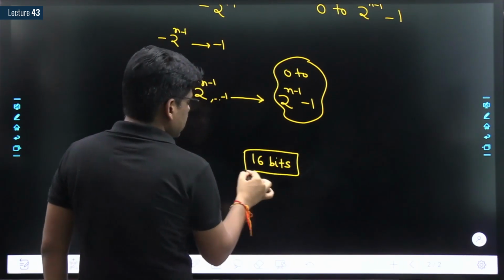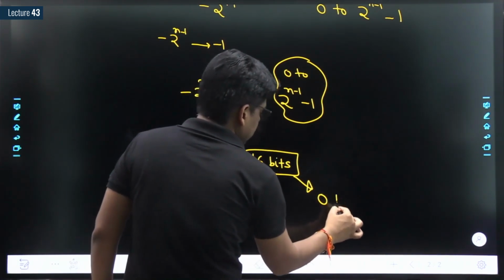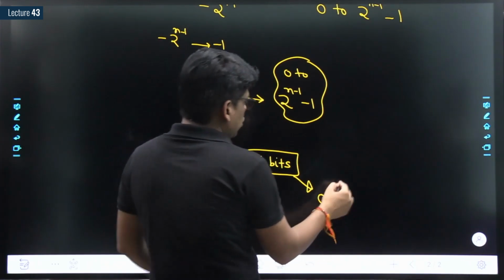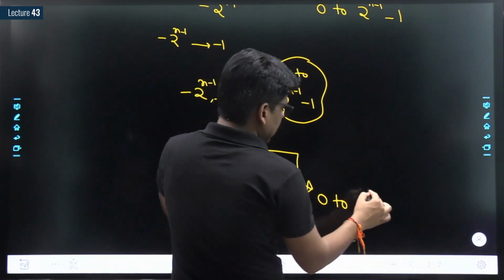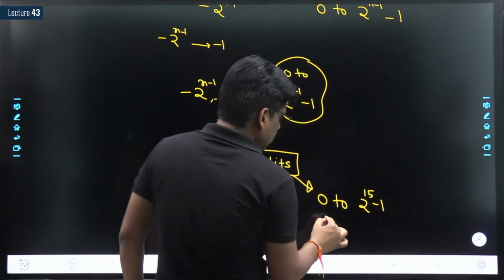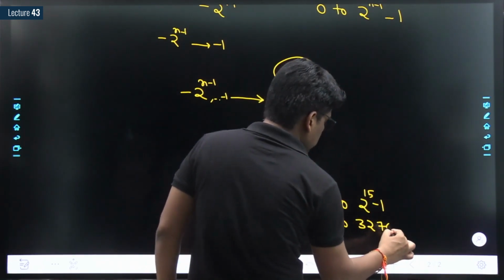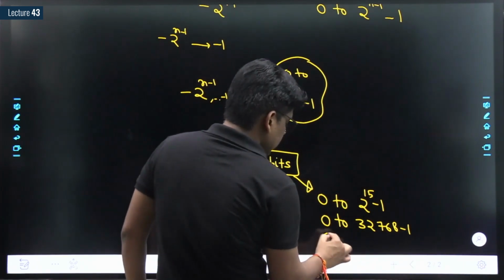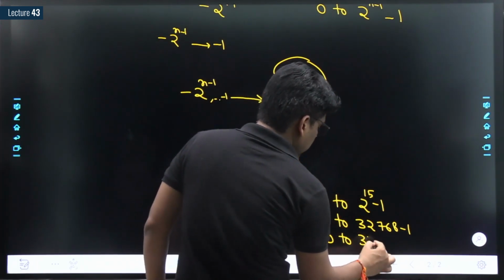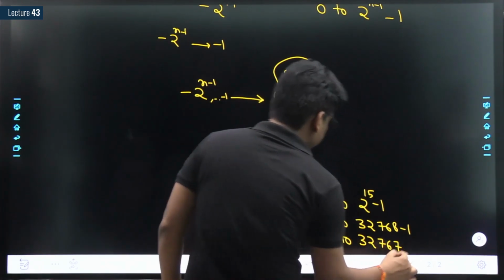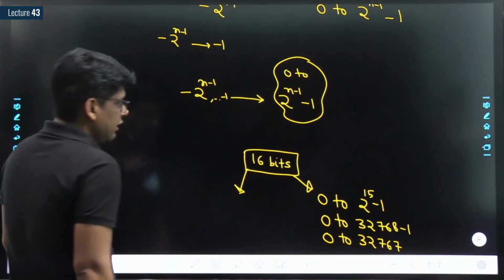Sir, please calculate it for 16 bits. If you have 16 bits, then in positive you have 0 to 2 to the power 16 minus 1, that is 15, minus 1. What is 2 to the power 15? It is nothing but 32768, minus 1. That means the range is 0 to 32767. Sir, in negative, what is the range?